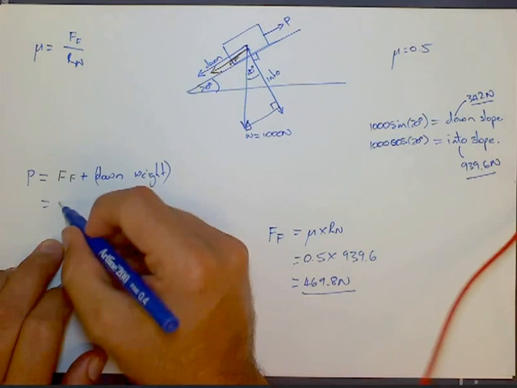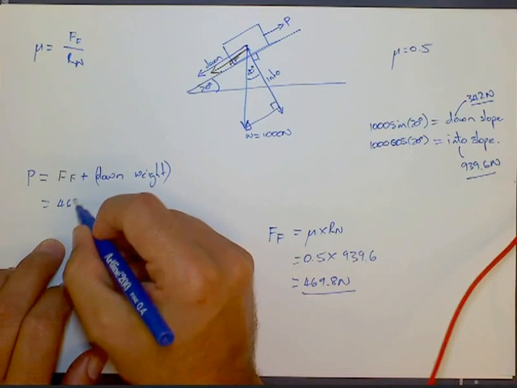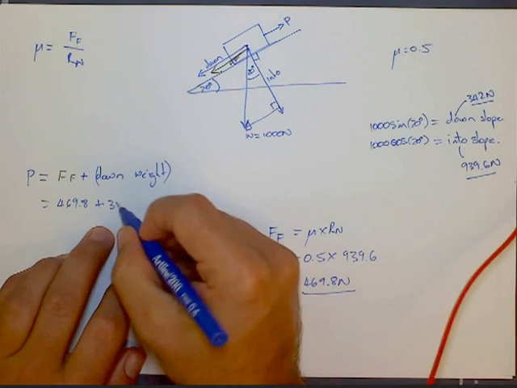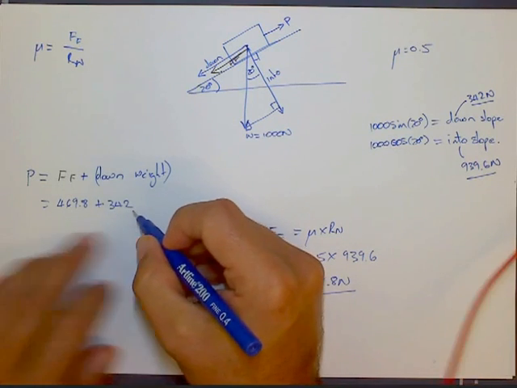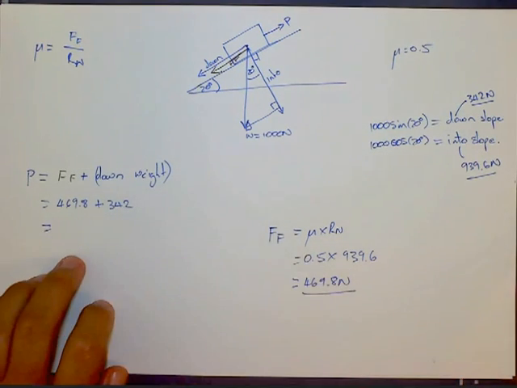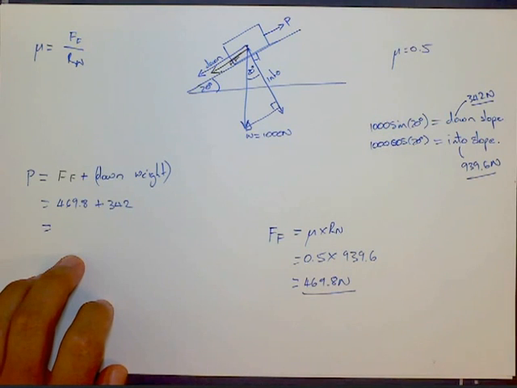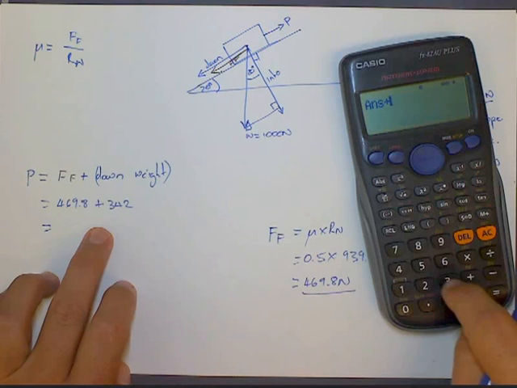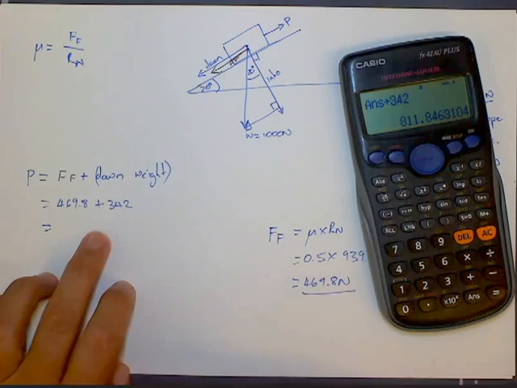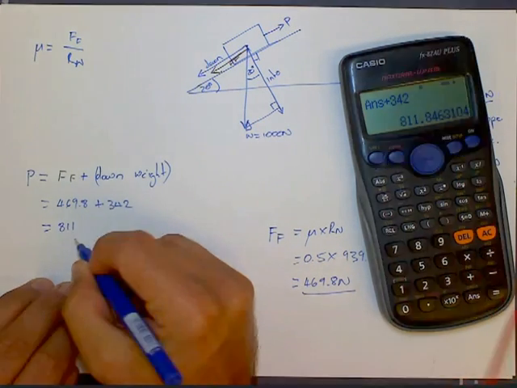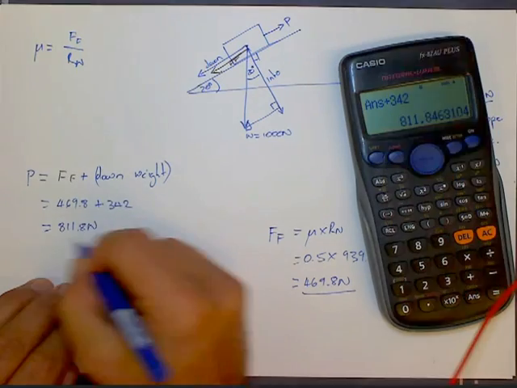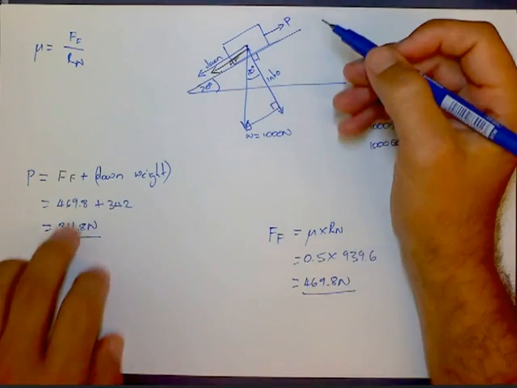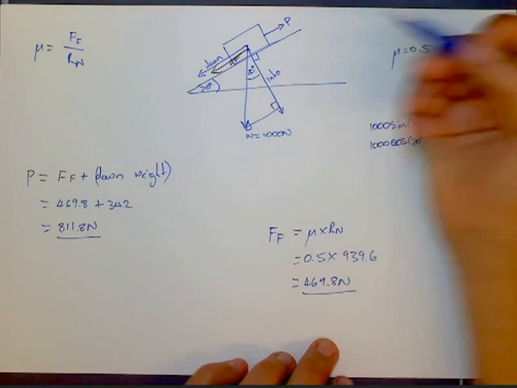So it's equal to 469.8 plus 342. And if I add the 469.8 plus the 342, I get 811.8 newtons, which is the amount of force that we need to pull and overcome friction and the weight going down the slope.